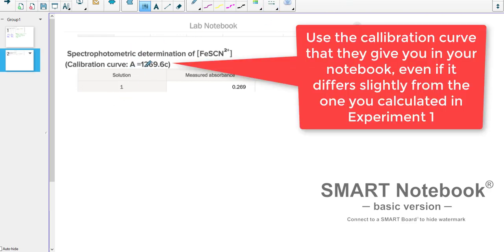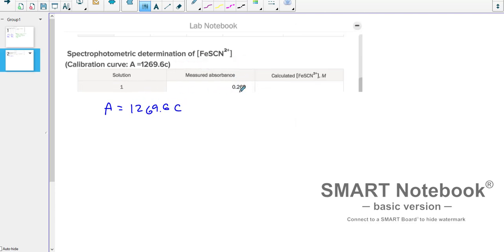So again, our calibration curve in this case is A is equal to 1269.6 C. So my measured absorbance for my first sample was 0.269. Divide both sides.